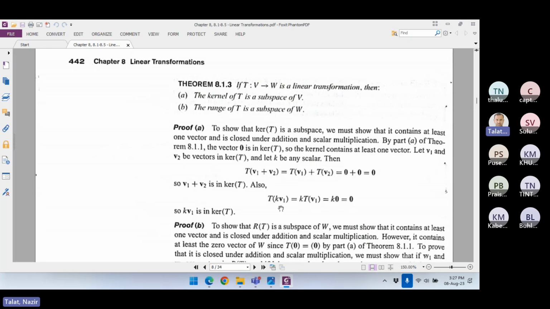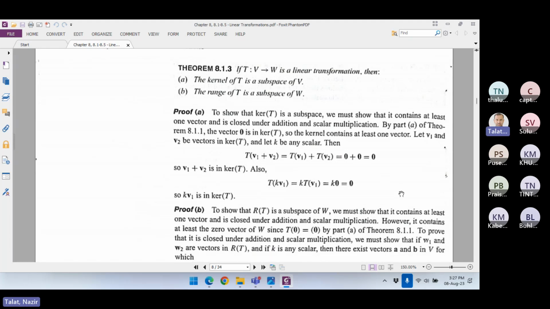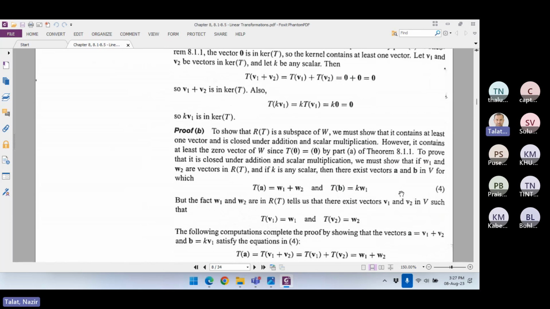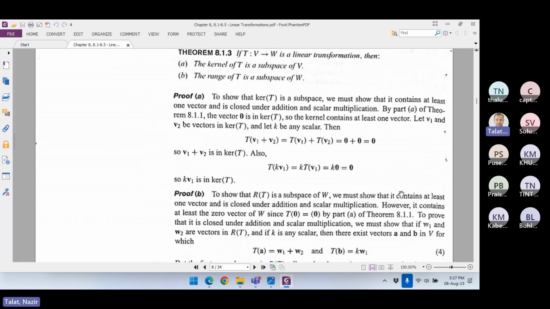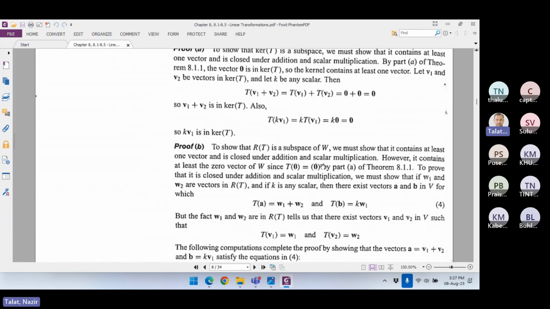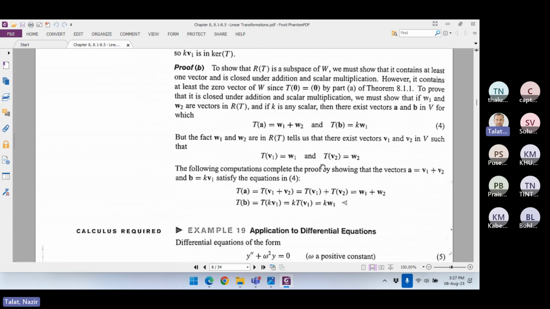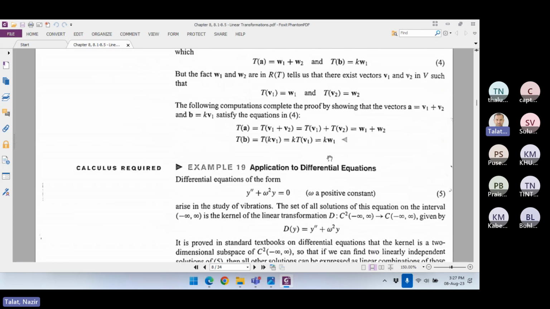It means kV1 also belongs to the kernel of T. Hence, the kernel of T is a subspace of vector space V. Similarly, the range of T is also a subspace of W. One can see that it will also satisfy this condition, and one can simply prove it.